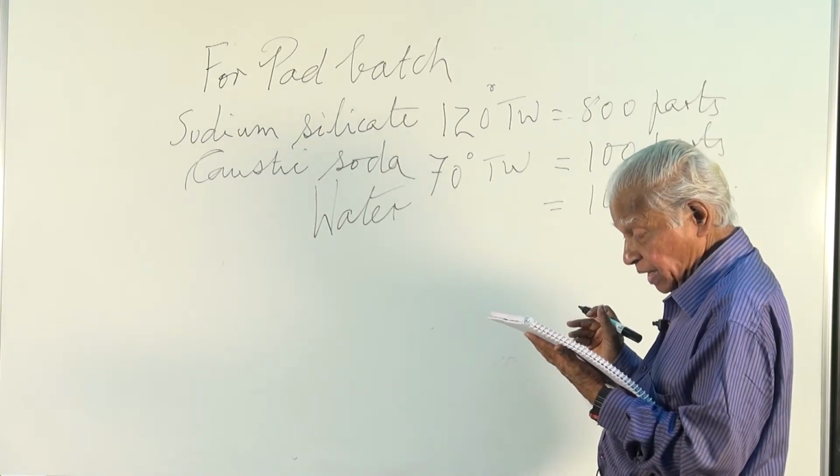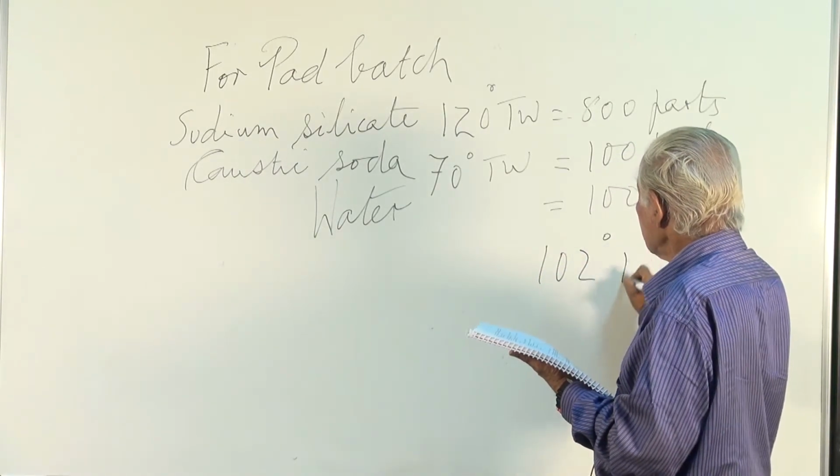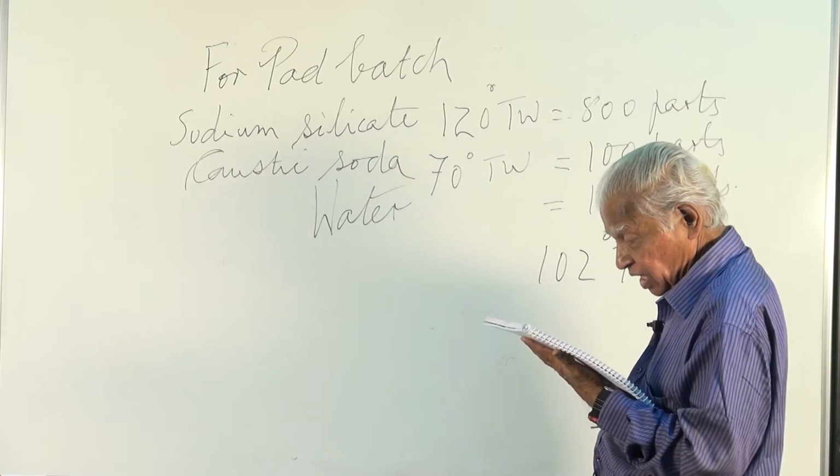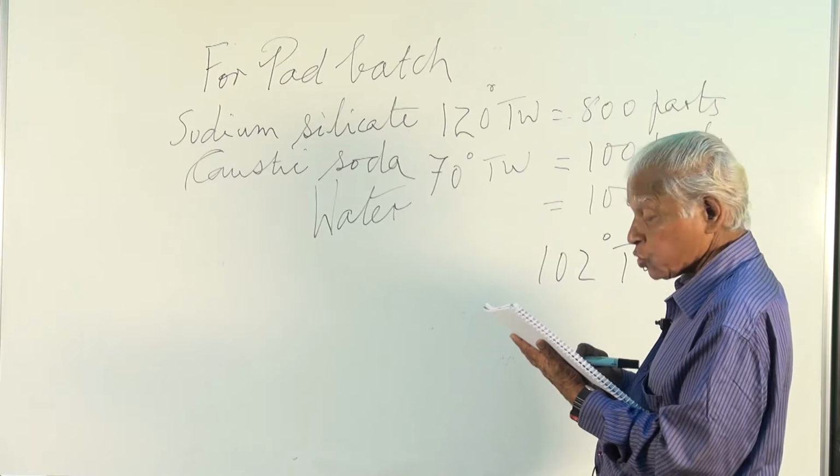The density of the made up liquor is 102 degree twaddle. The printed fabric is padded and batched for 3 to 4 hours and then washed and soaped.